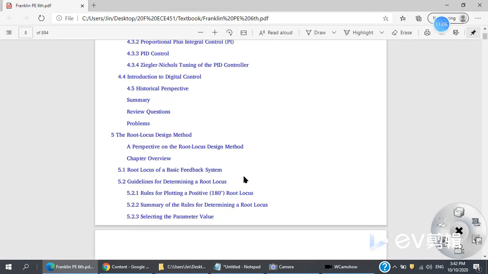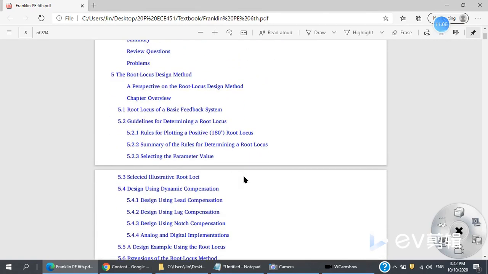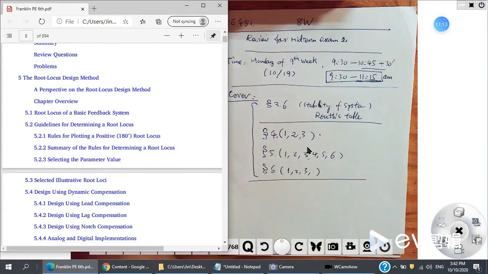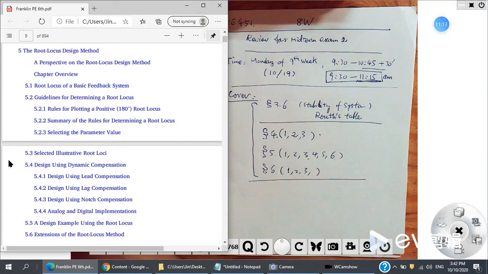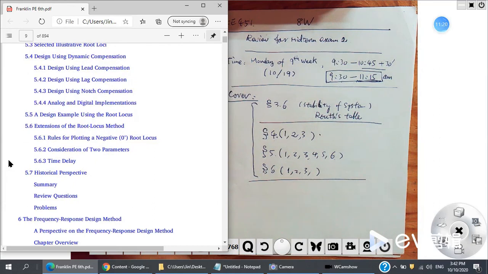And then root locus. For root locus we cover sections 1, 2, 3, 4, 5, 6. But in section 6 I think I only considered some of it: how to plot the negative root locus, and for 2 parameters. I discussed these 2.